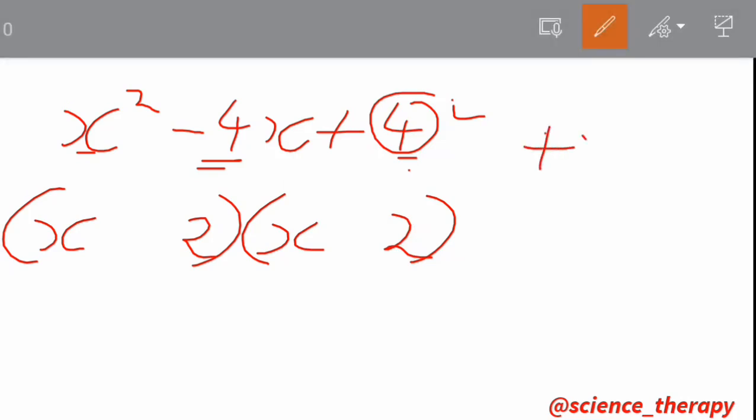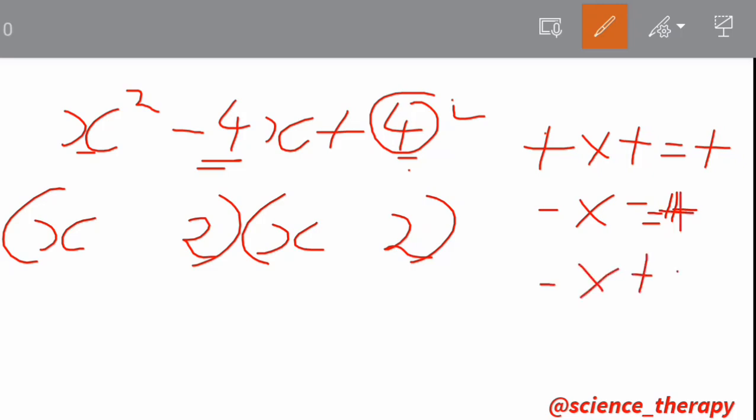that positive times positive is positive, negative times negative is positive, and negative times positive is negative. Now you will see that in order to have this positive, we can either have a positive sign and a positive sign, right? But if we put positive and positive here, yes, we're gonna have positive 4 when we multiply, but what about when we add? We have positive 4 and not negative 4.